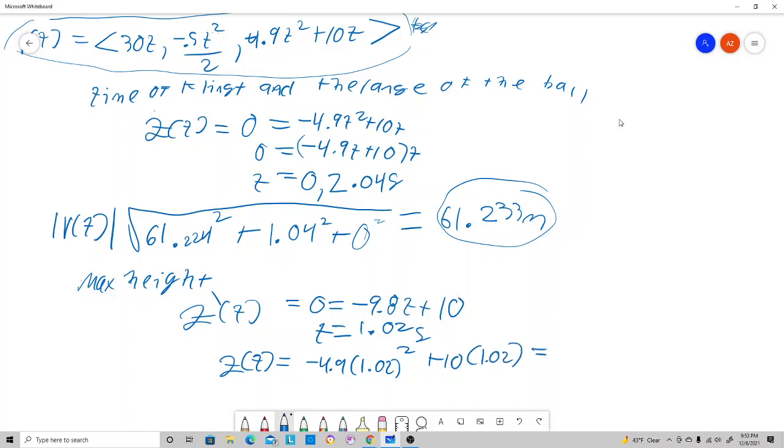If we do this, we get a total height of 5.102 meters, which is not very high.